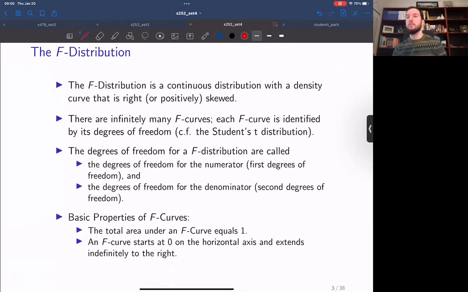All right. So the F distribution is a continuous probability distribution, the same way the normal distribution and the student T are continuous probability distributions. The big difference, or one of the bigger differences, is that normal and student T distributions are both symmetric about 0. F distributions are right skewed with a lower bound of 0.